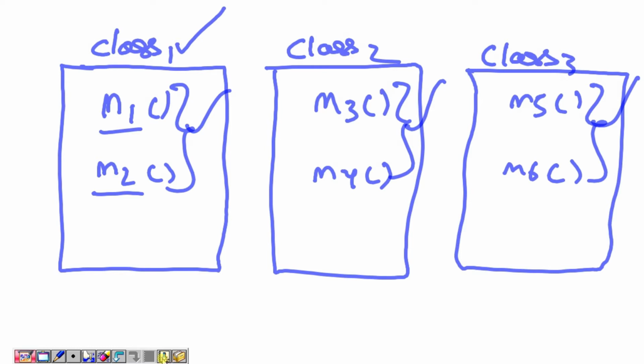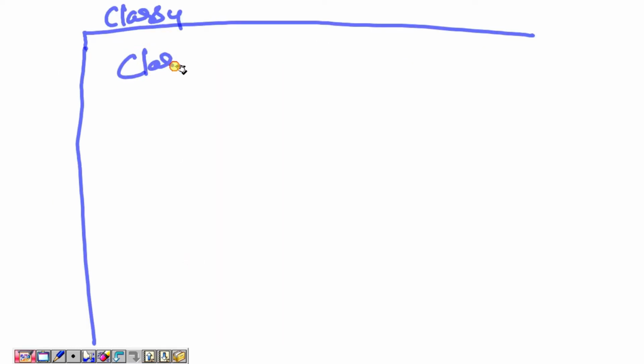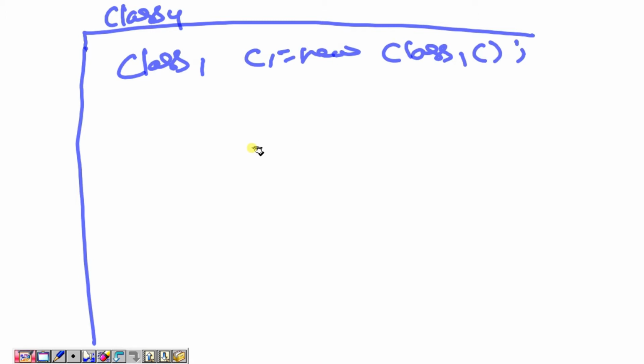This is the way: Class 1 C1 equal to new Class 1. Now we can get C1.M1 and C1.M2.